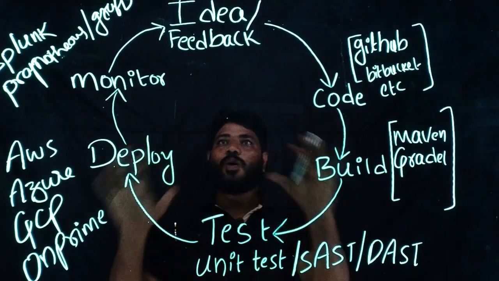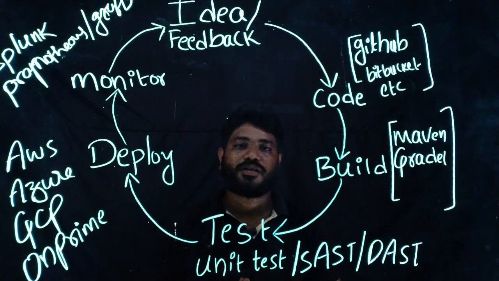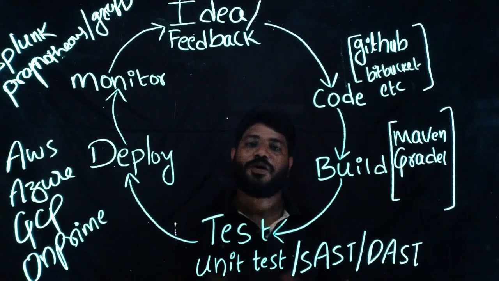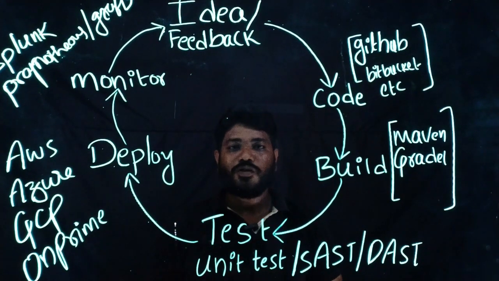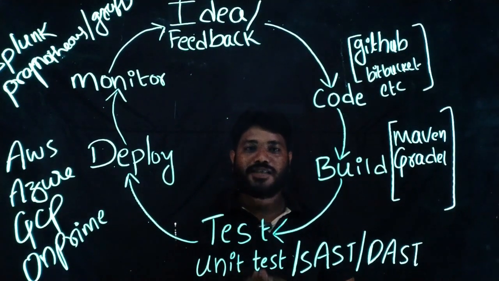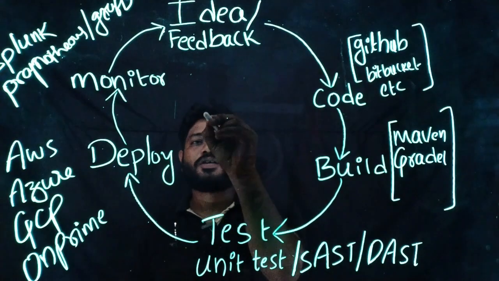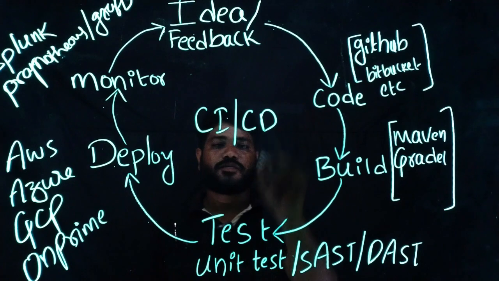The integration of all these tools we call CI/CD, continuous integration and continuous deployment. Which tool do you use for this CI/CD? We may use Jenkins, GitHub Actions, or Azure DevOps. Keeping one tool as the center, you are going to make this automation. That is called CI and CD.